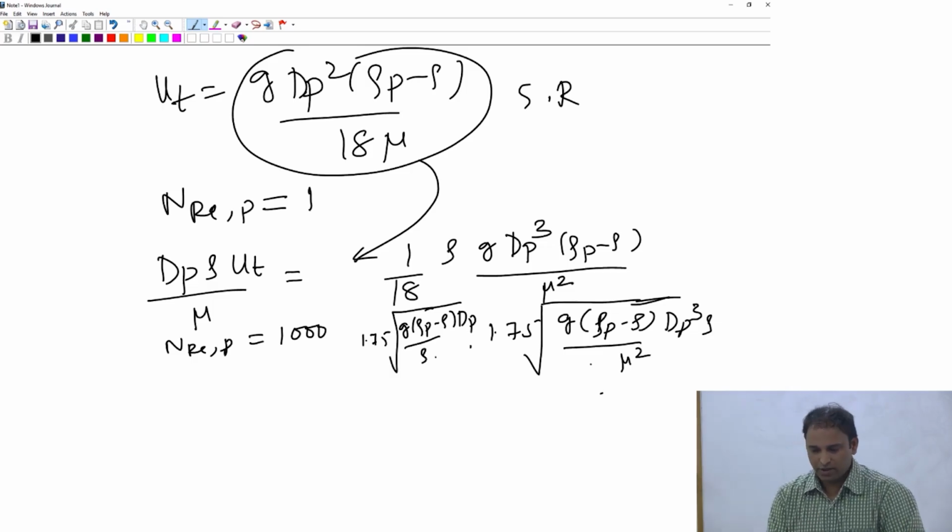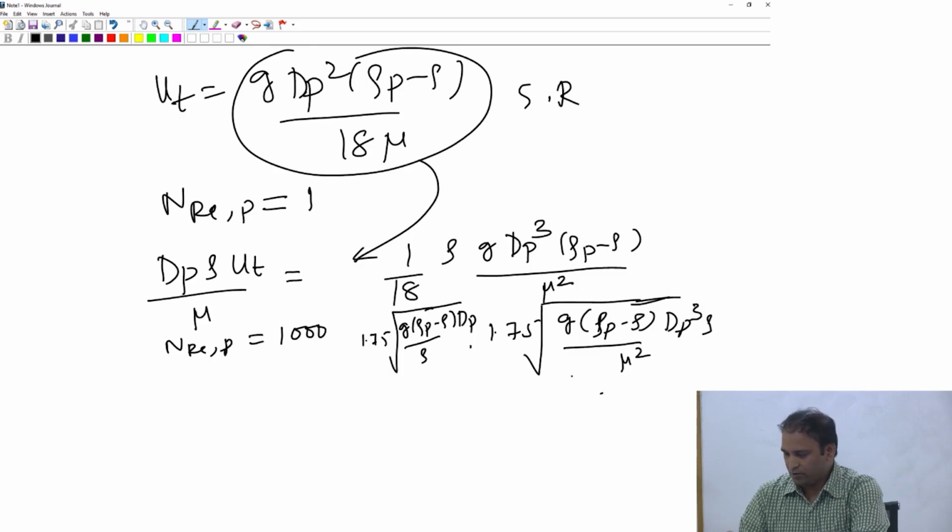That's my Reynolds number. There's going to be rho square here, and there's going to be rho here, so therefore that seems okay. So I think that's fine.